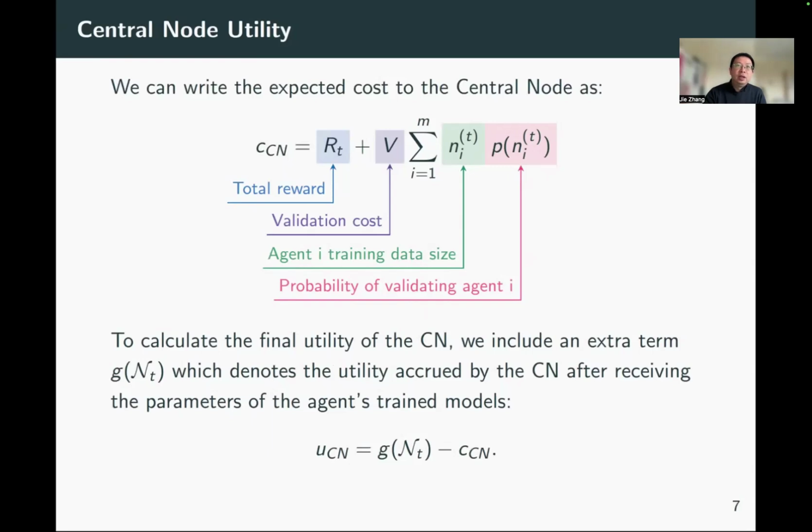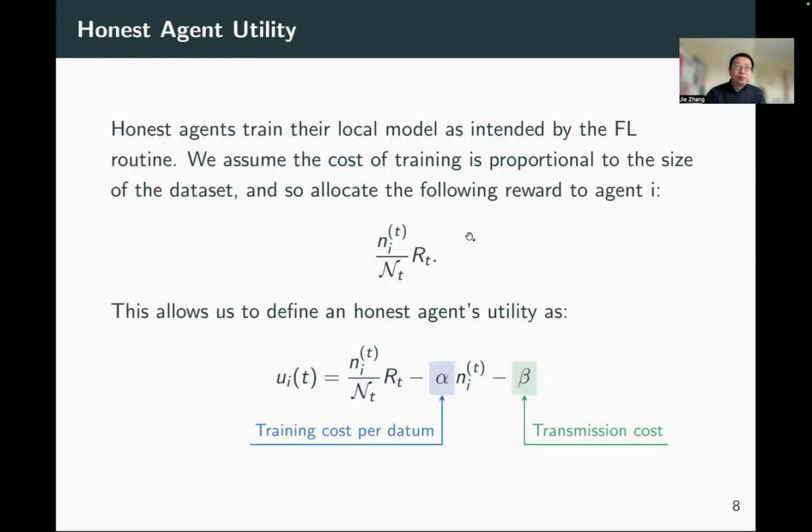And we can see that this utility is probably in terms of the amount of data that the model has been trained on. The more data we train it on, the better our model is going to be. And so this is going to provide utility to the central node. We can see that utility to the central node is a function g minus its cost that we just described above. Very straightforward.